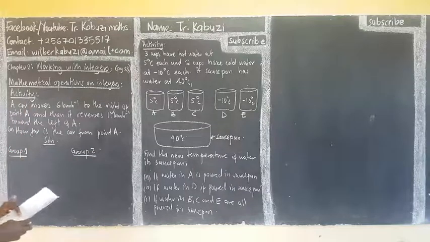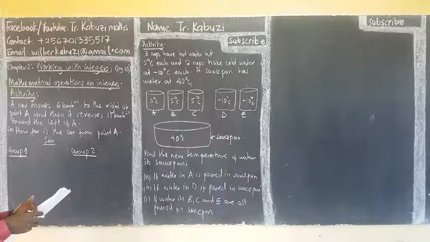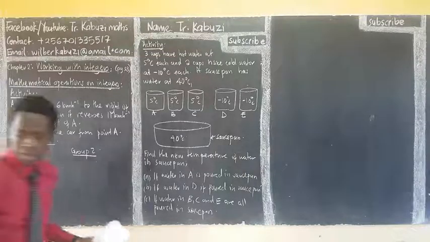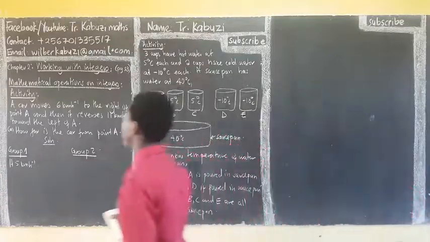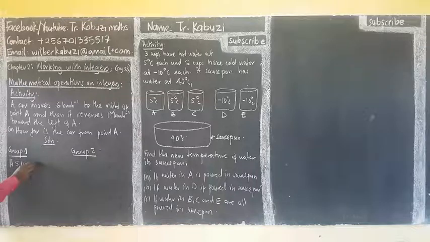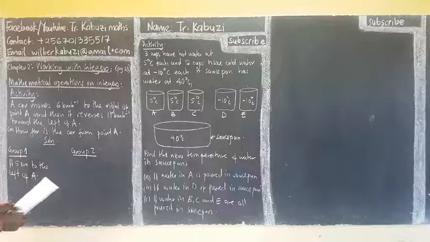So group 1 is saying it's 5 kilometers to the left of A. That's what group A is saying.